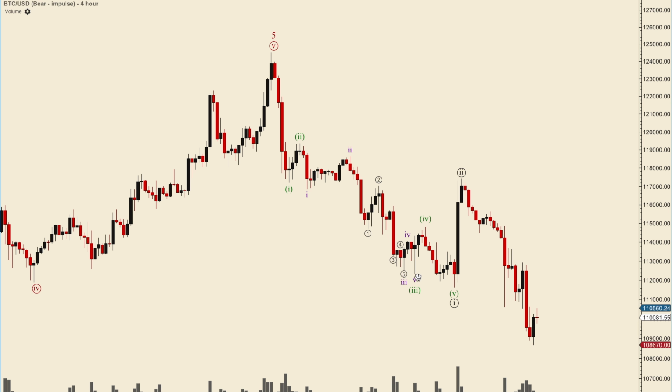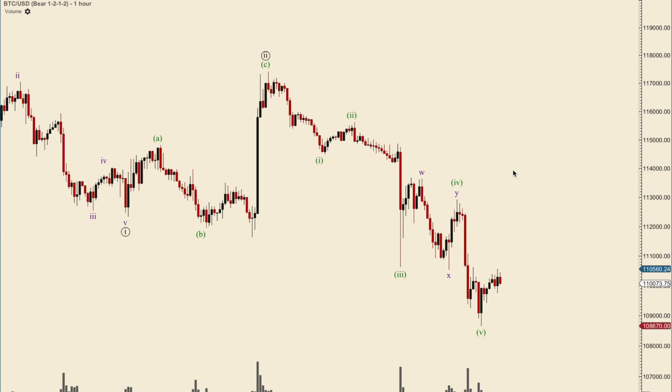But nonetheless, if we count this as a finished wave 1, here's the wave 2, and this in itself doesn't count well as an impulse either. But it's an option. It's not breaking any rules, so we need to be aware of it.